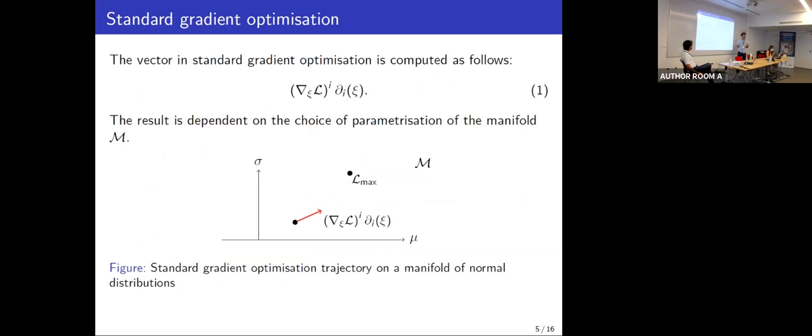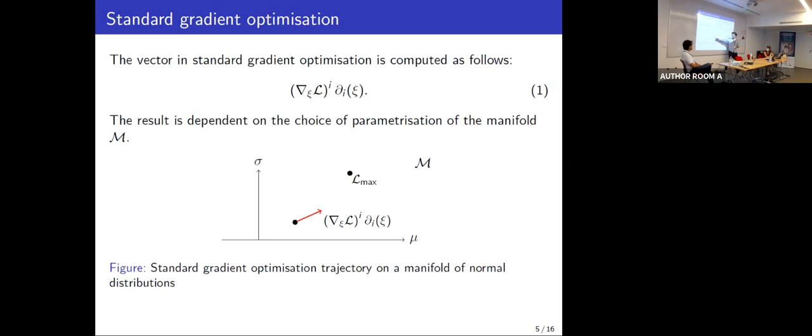Before I go to the natural gradient, I'll first discuss the standard gradient that is often calculated when you're, for example, optimizing a neural network. In my notation, that will look like this. We have this vector of coordinate derivatives, and these are the tangent vectors on the manifold M. What that looks like very simply is, if we have this manifold of probability distributions, in this case the normal distributions, then we want to find the optimum of this function L on this manifold.